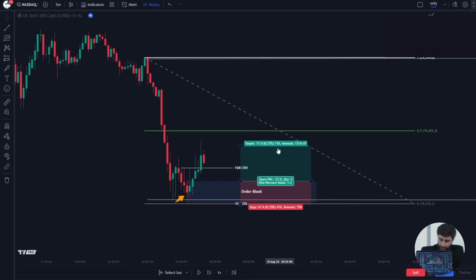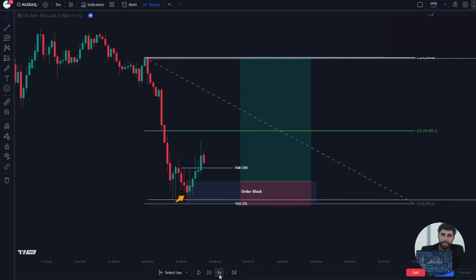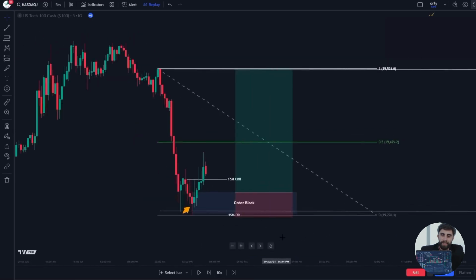For the take profit, you can either set it at the midpoint of the 1-hour timeframe's range, which provides a 2-to-1 reward to risk ratio, or at the highest point of the range, which gives an R to R ratio of 4.9. Now, let's see what happens next.